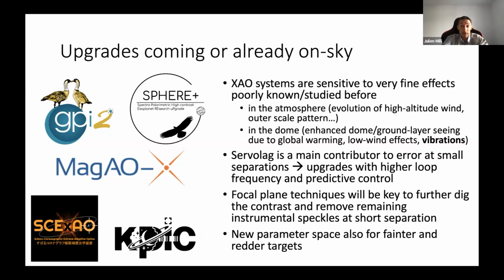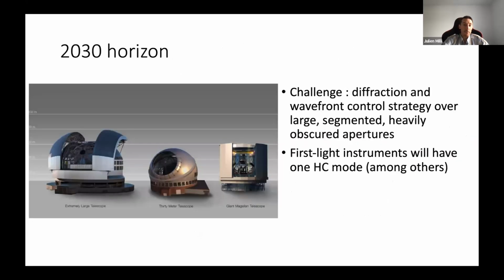Servo lag is the main contributor to the error at small separation, and that's why all the upgrades of those instruments will include higher loop frequency and predictive control. And then focal plane techniques will be really key to dig further into the contrast and remove the speckles. What's coming on the horizon is the next high contrast imagers on the extremely large telescopes.